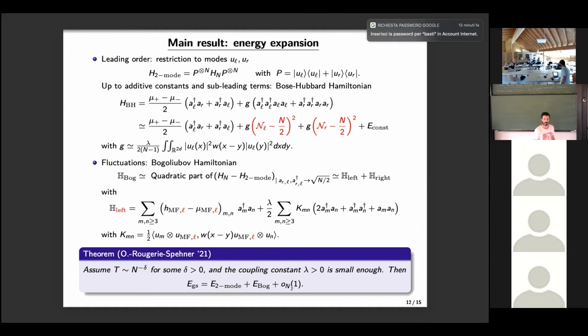Can I ask you, the two-mode part is of which order? Is it n to the 1 minus delta, or what is it? Because the T occurs in front of the two-mode energy, you mean E_2mode. So there is definitely an order n part, like a usual condensate energy, and then there is a T n. Yes.